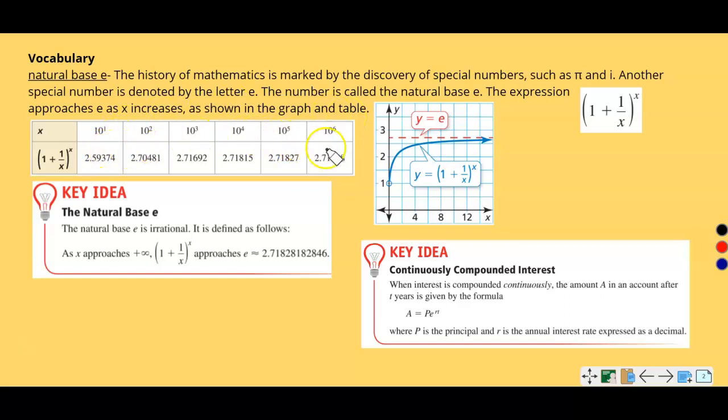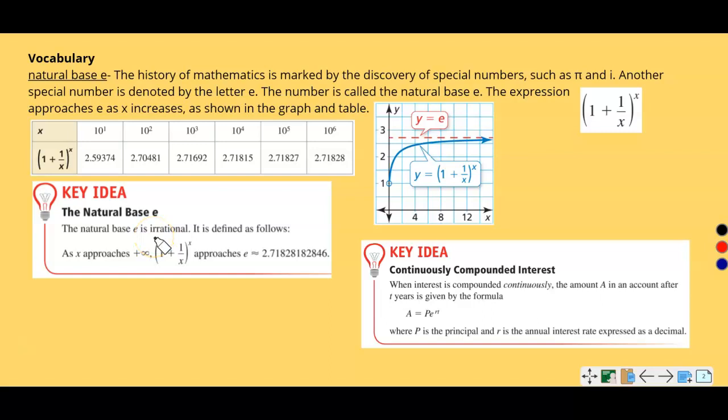All right, so you have the table of values here. You can see here's the graph where it approaches this line. So e is this dashed red line. You can see as x gets larger, this line approaches that line. So the natural base e is an irrational number.